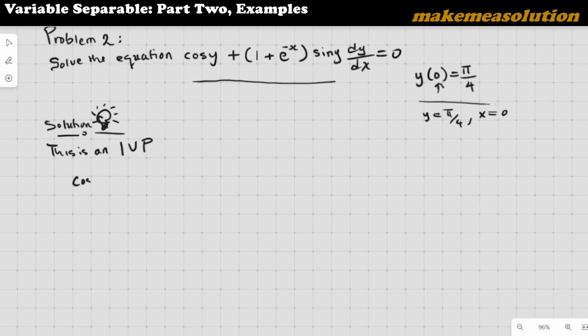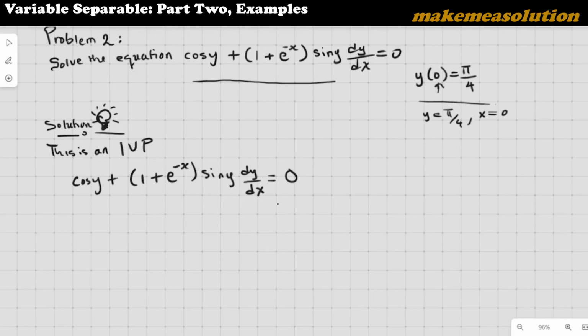So we have cos y plus (1 plus e to the minus x) sine y dy/dx is equal to 0. If you look at this problem critically, you discover that we can actually carry out the separable variable technique here.